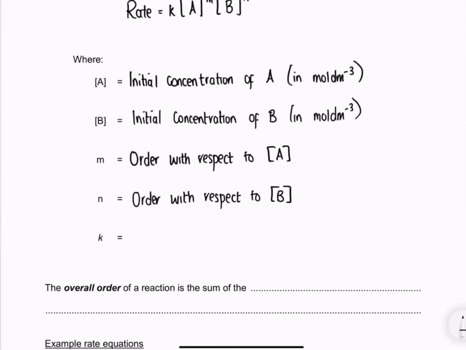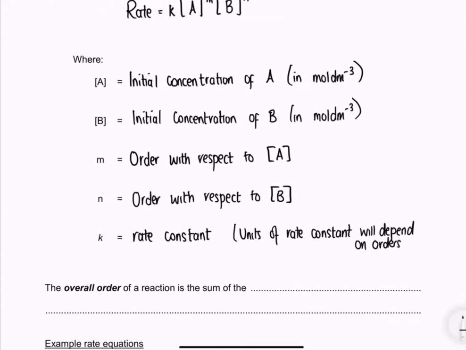And k is going to be our rate constant. So capital K in equilibrium was our equilibrium constant, but this is a lowercase k, and this is our rate constant. The units of the rate constant will depend on the orders, and we'll have to work them out.